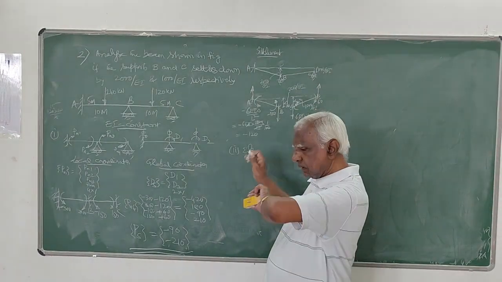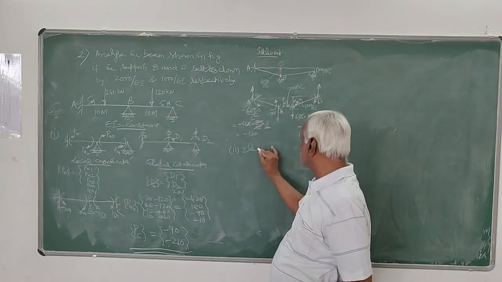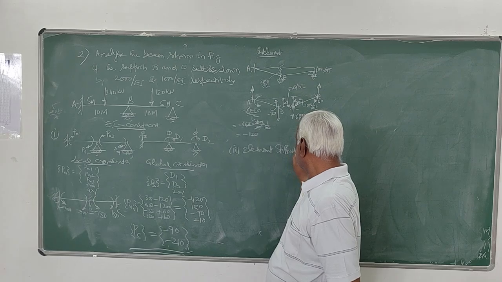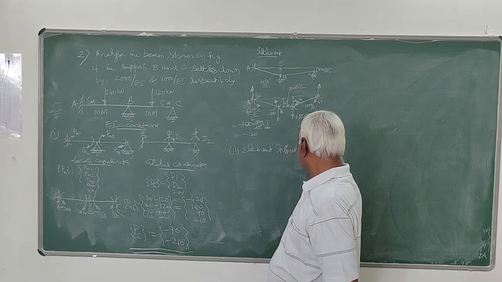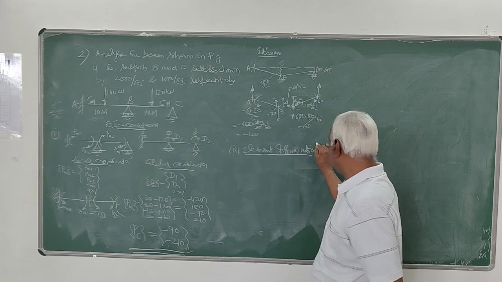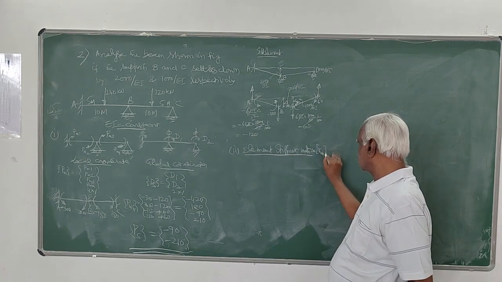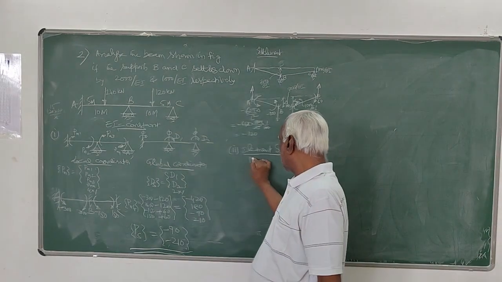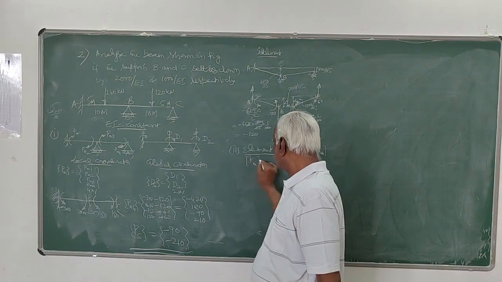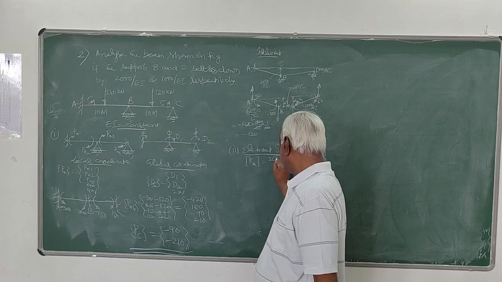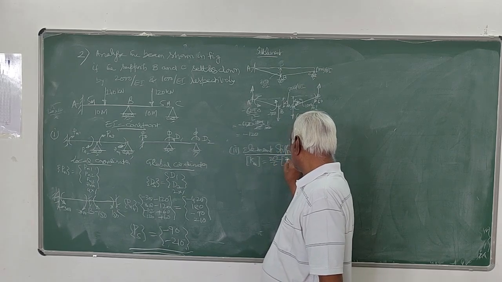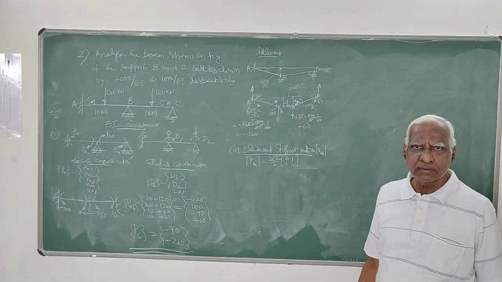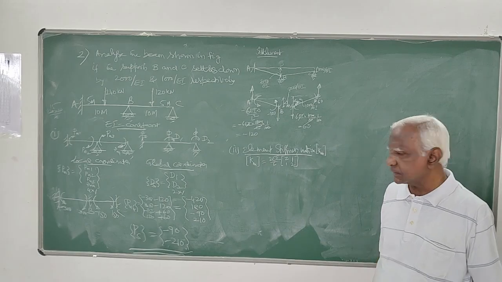Element stiffness matrix, KM. So you know already it's a real number. Km is given by 2EI by L times 2, 1, 1, 2. Standard element stiffness matrix.